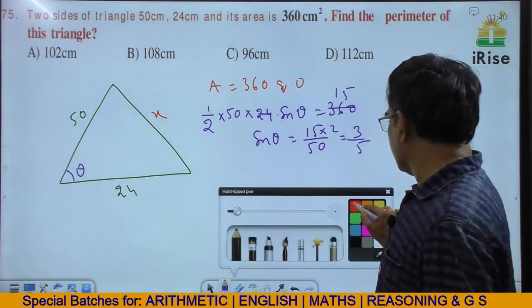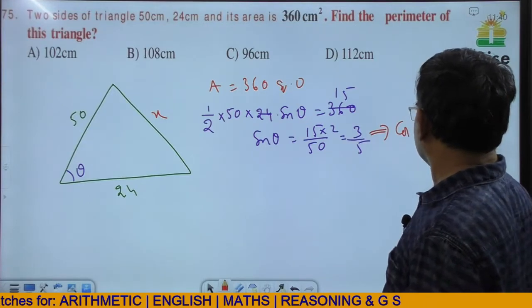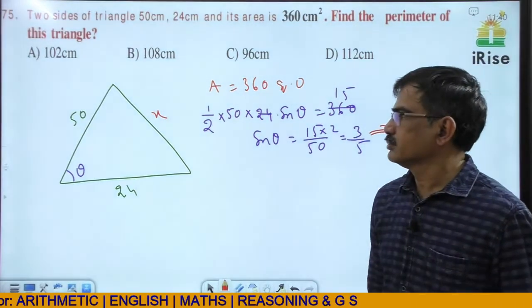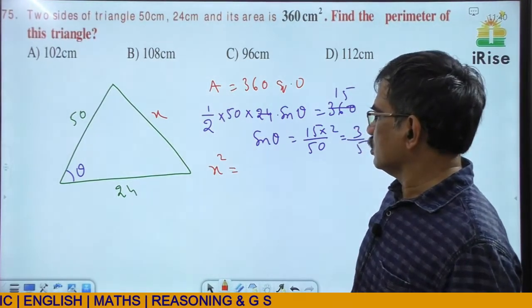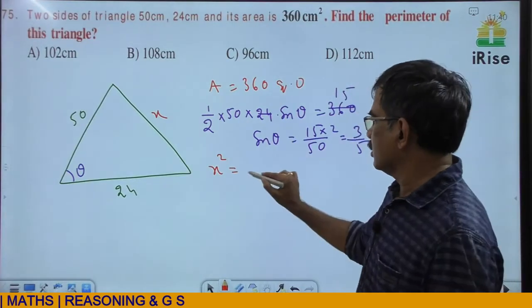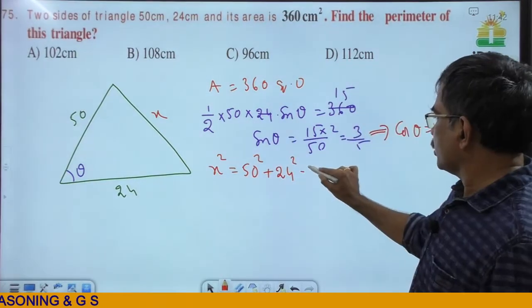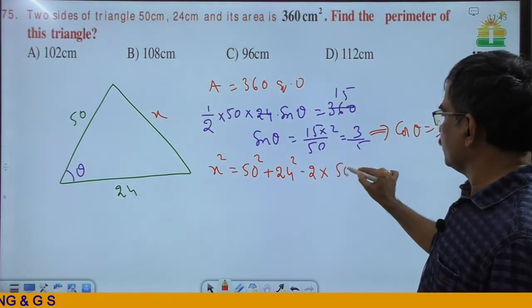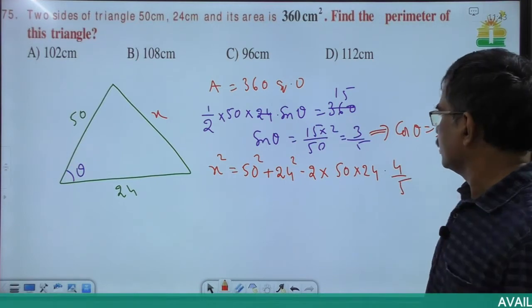So if it is 3 by 5, then what is correspondingly cos theta? 4 by 5. Same as the previous question. Then what is x? X square is equal to a square plus b square minus 2ab cos theta. 50 square plus 24 square minus 2 into 50 into 24 into cos theta, 4 by 5.